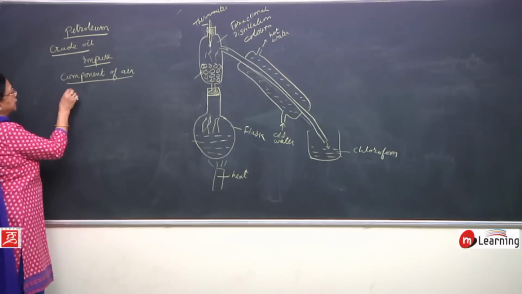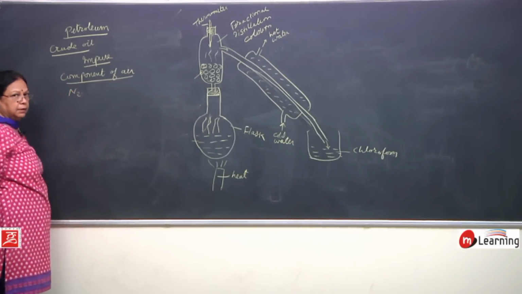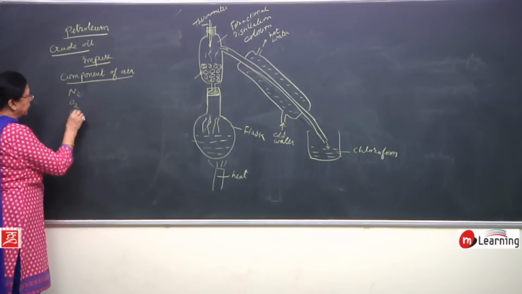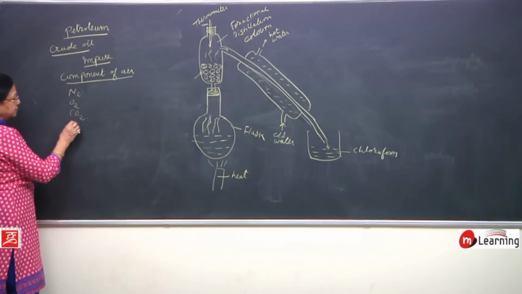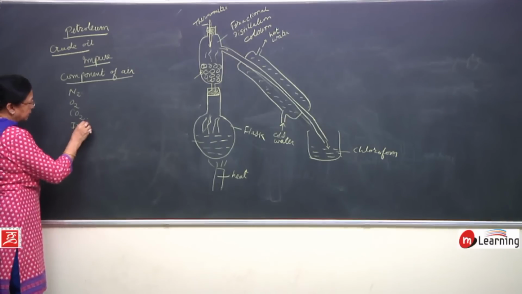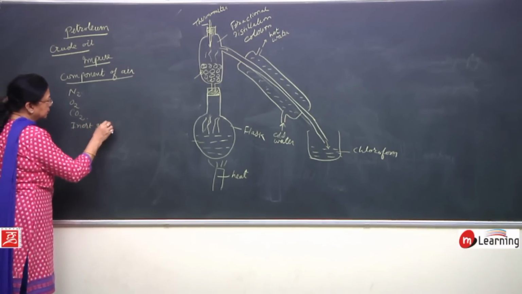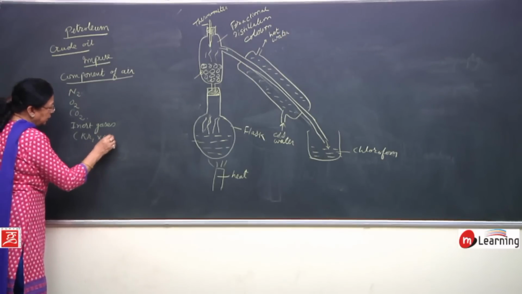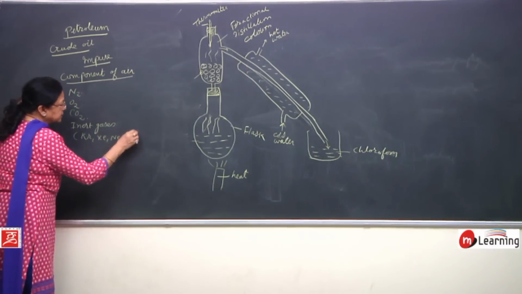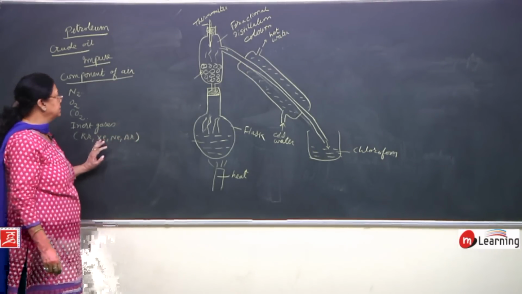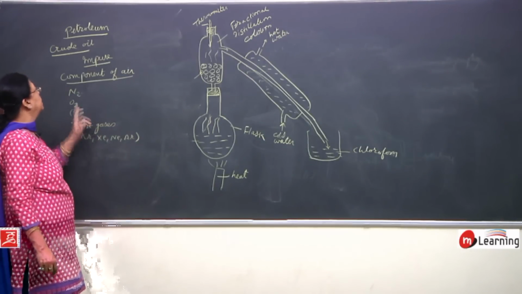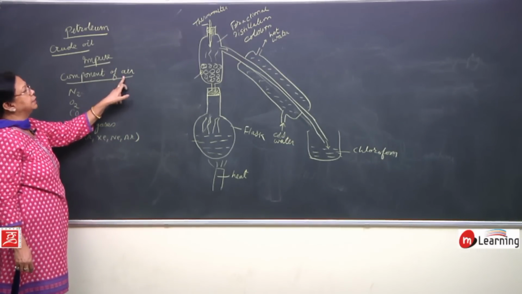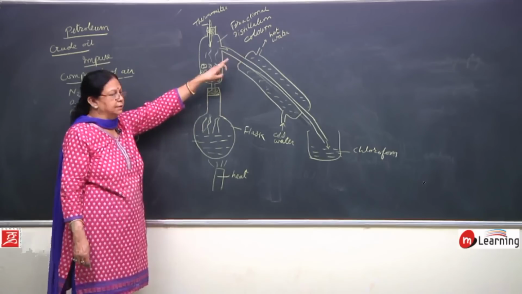The major component of air is nitrogen, then oxygen, then some carbon dioxide is also there, then some inert gases are also there. Inert gases are what? Krypton, xenon, neon, argon. All these are inert gases or noble gases or inactive gases, right. So, components of air are separated by the fractional distillation method.